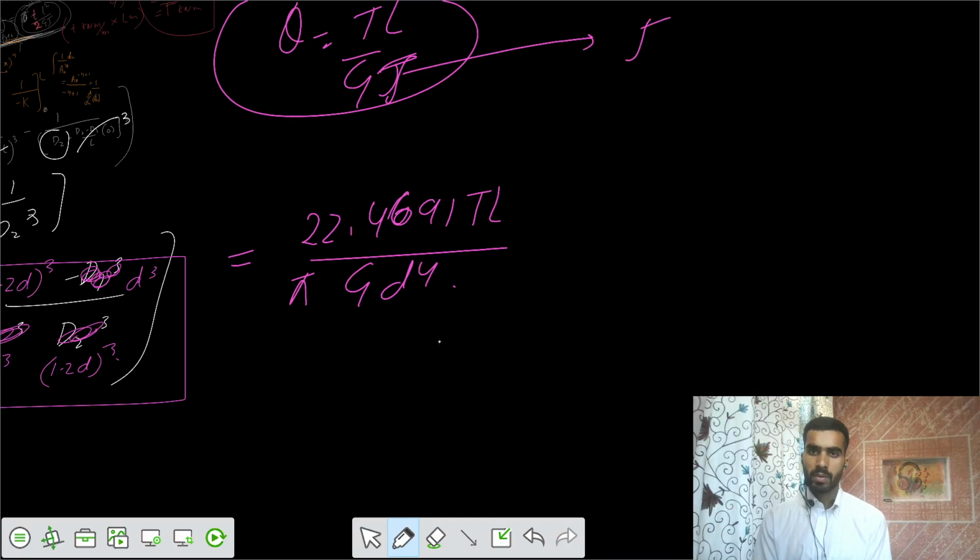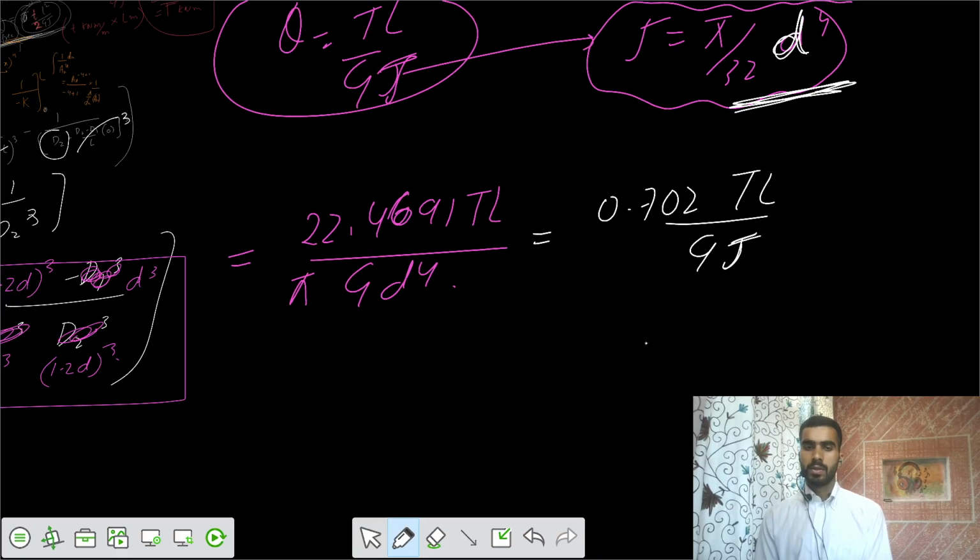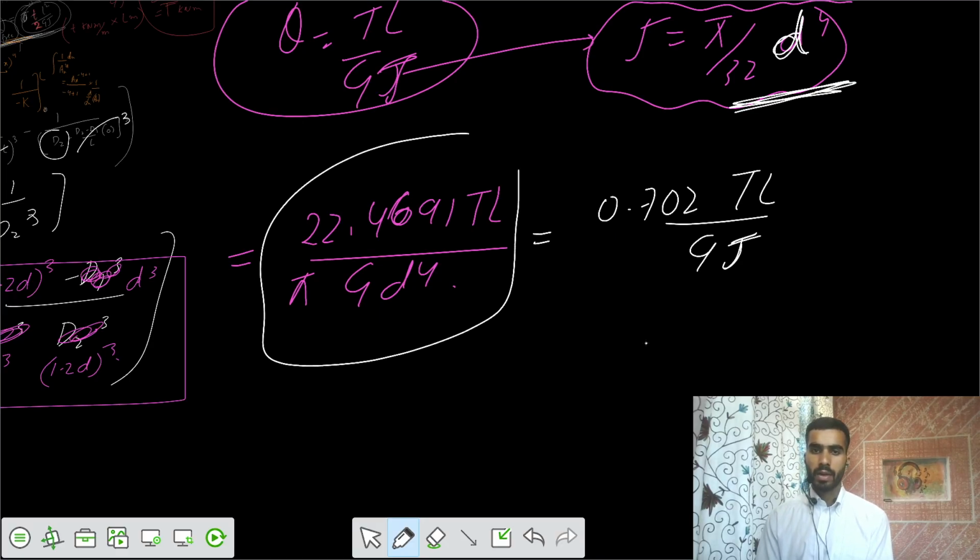If you take J in terms of π by 32 d to the power 4 in this way, then the value comes out to be 0.702 TL by GJ, where your J value is in terms of that small d. So either you can have this value or you can have this value.